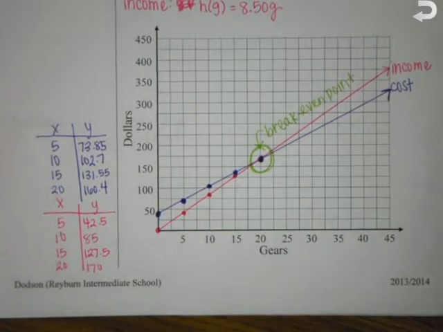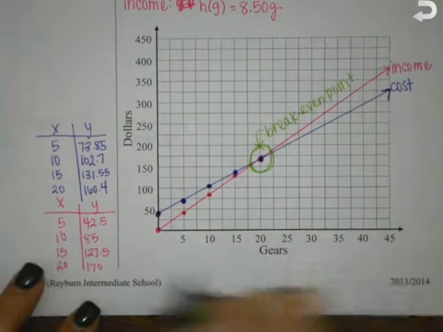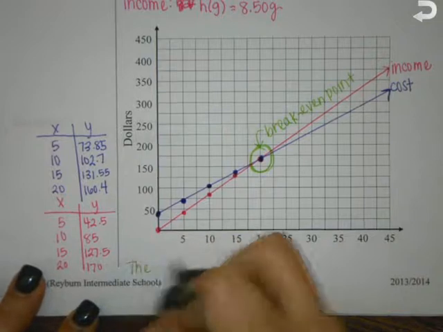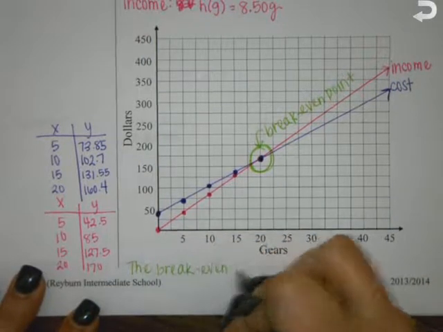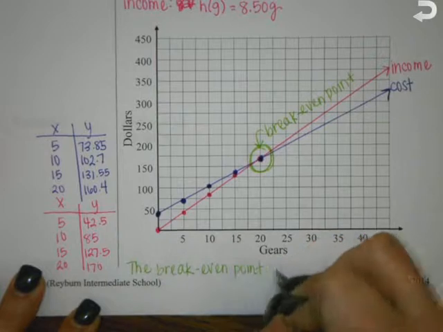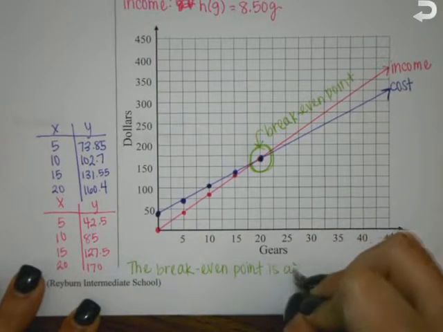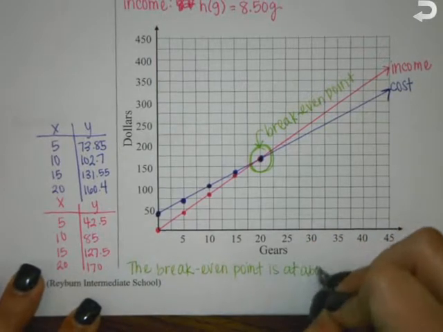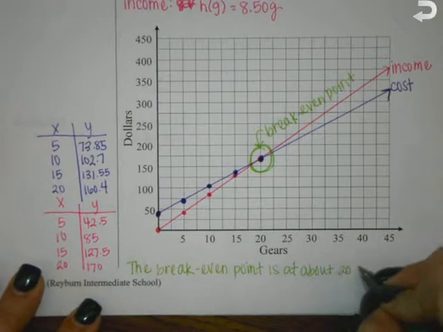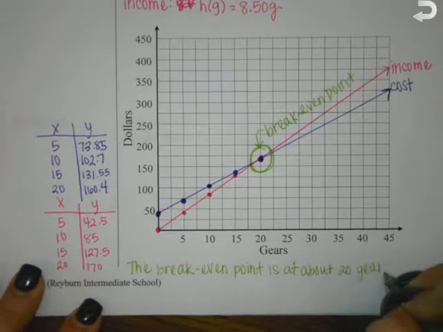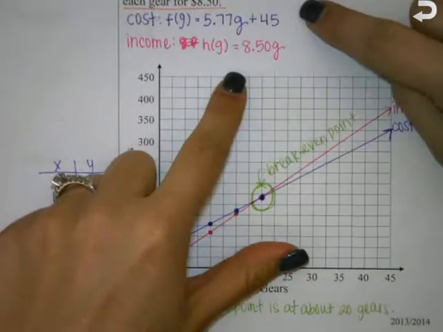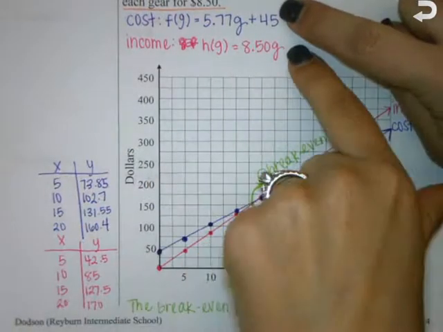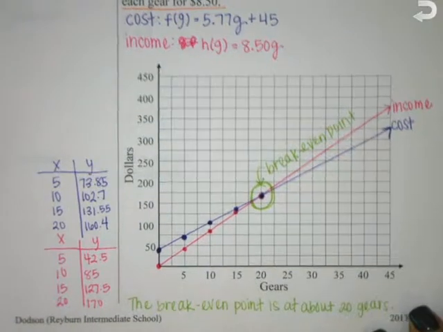So I want you to write beneath your graph the break-even point is at about 20 gears. Okay? So a graph can just give you an estimate, but this is going to be our first method of solving. So we had two equations, one for cost and one for income, and we graphed them.